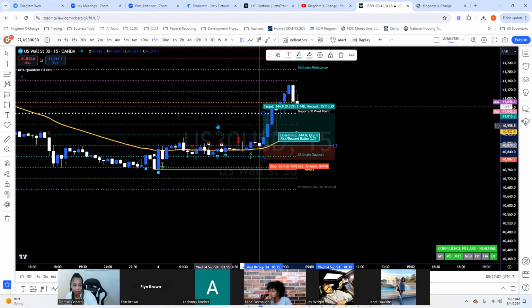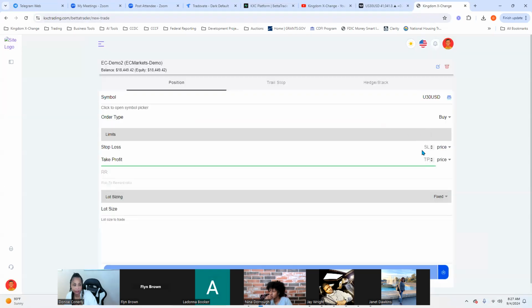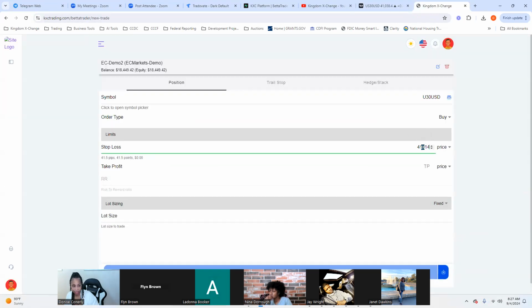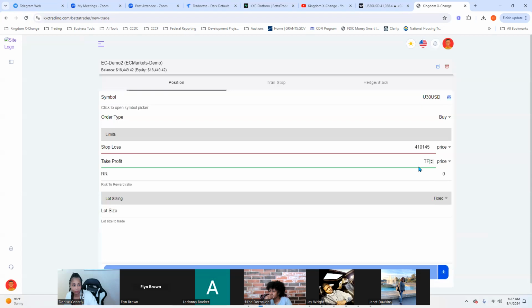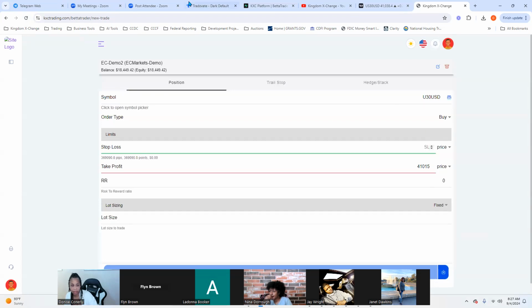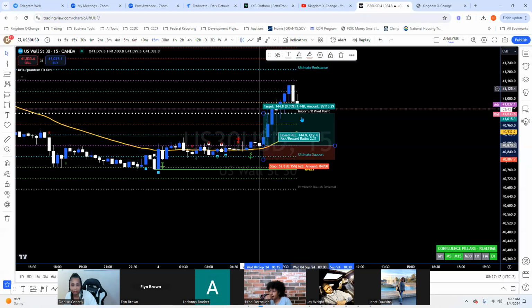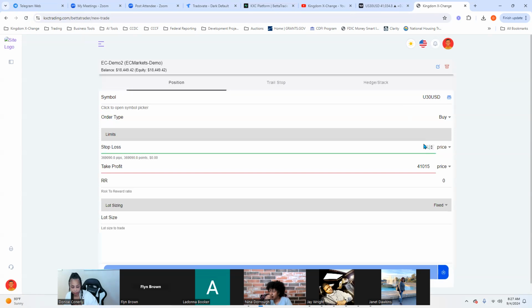So that's 41,015. I'm just showing you guys how this would go. Oh, that's my take profit. I'm sorry, 41,015. My stop loss price is 4810.